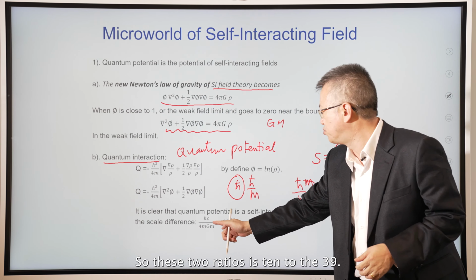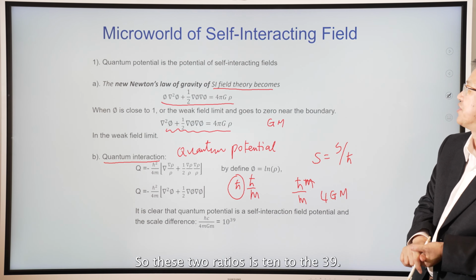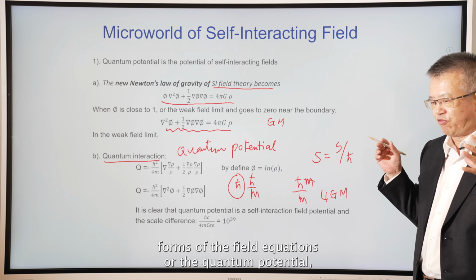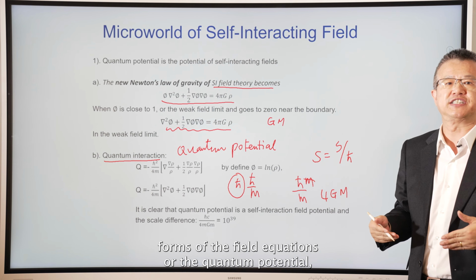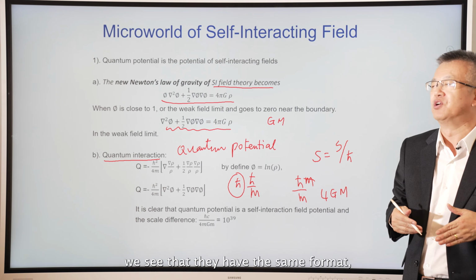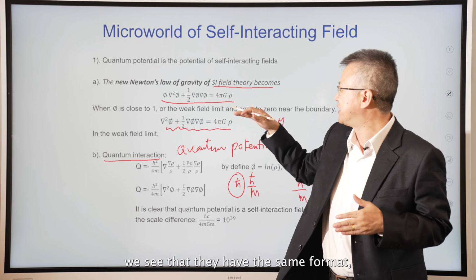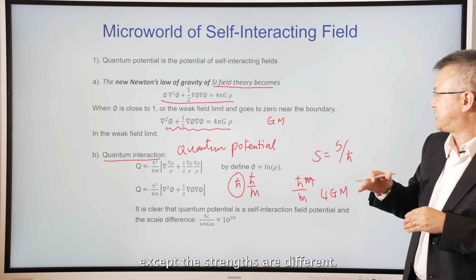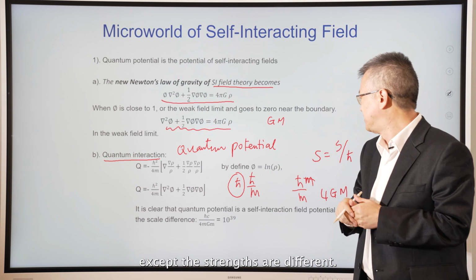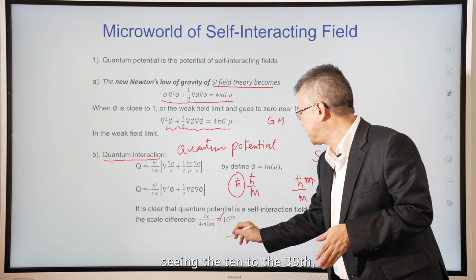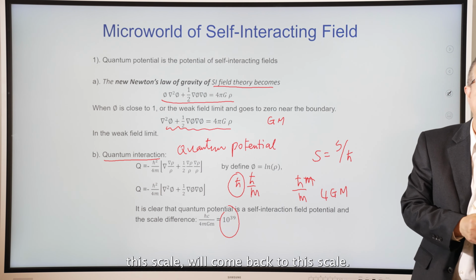These two ratios give 10 to the 39. From the forms of the field equations or the quantum potential, we see that they have the same format, except the strengths are different. We keep seeing the 10 to the 39th, this scale.